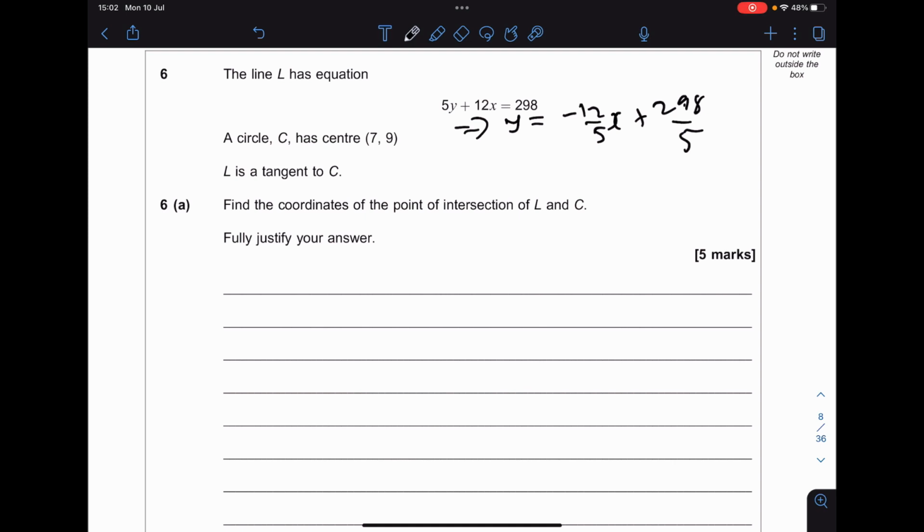Now the equation of a circle we know is x minus a squared plus y minus b squared equals r squared. So the gradient, which will be the derivative of that. So we actually need to find the derivative of x minus a squared and y minus b squared set equal to 0.